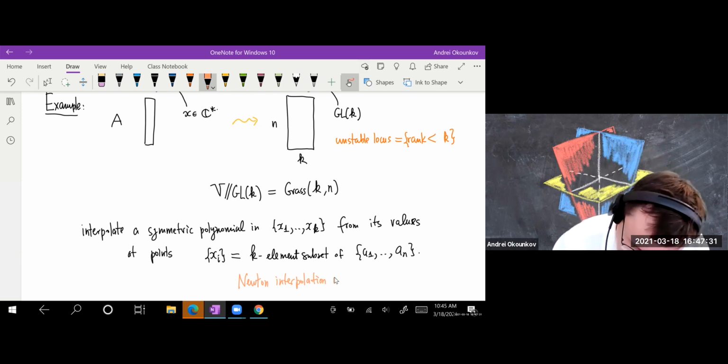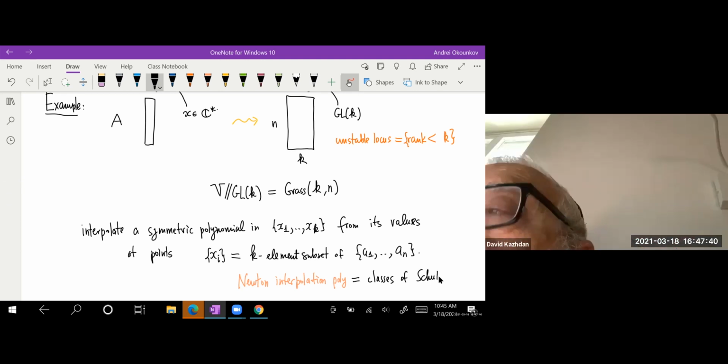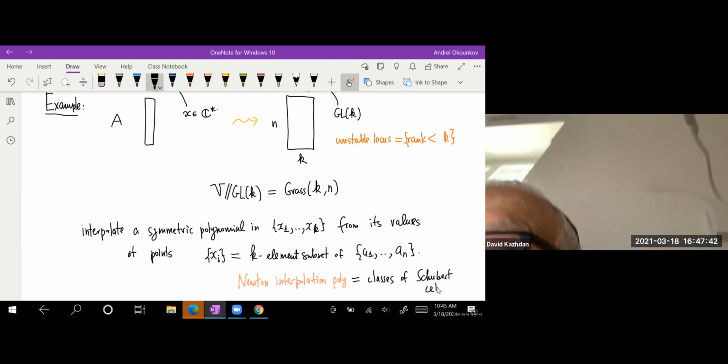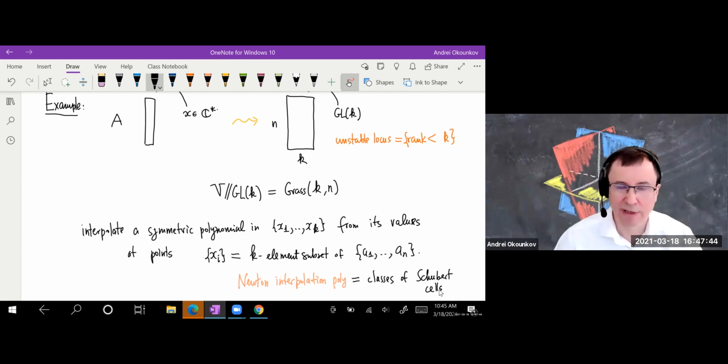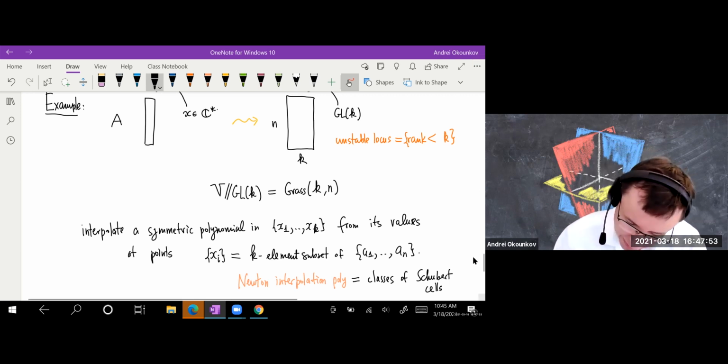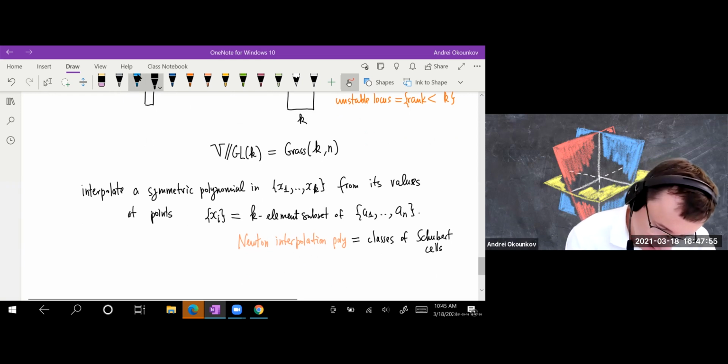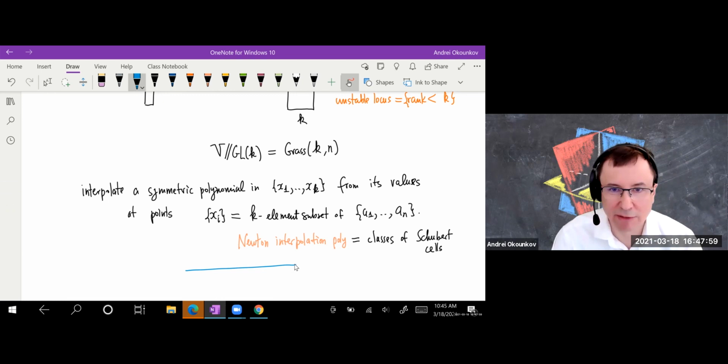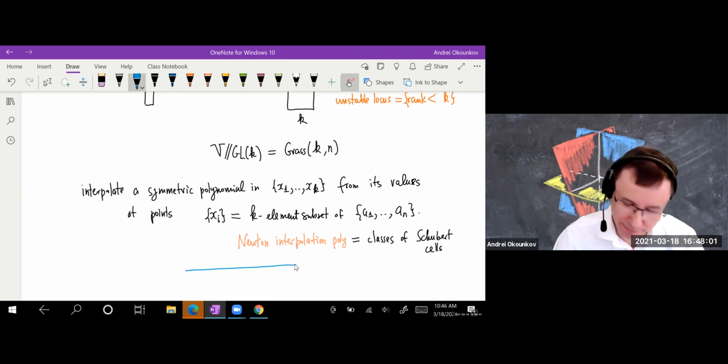The corresponding Newton interpolation polynomials are the classes of Schubert cells. So you can not only phrase the whole Schubert calculus, but in fact do it very effectively in the language of interpolation polynomials. So this is a slightly more advanced example than we had from the beginning.